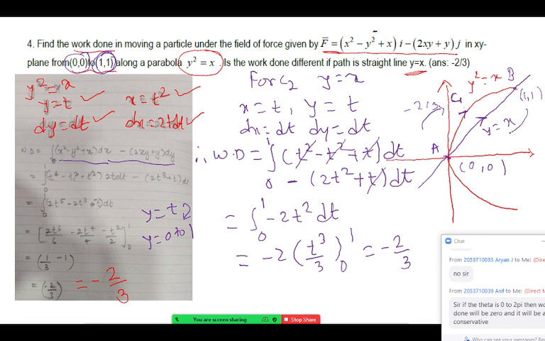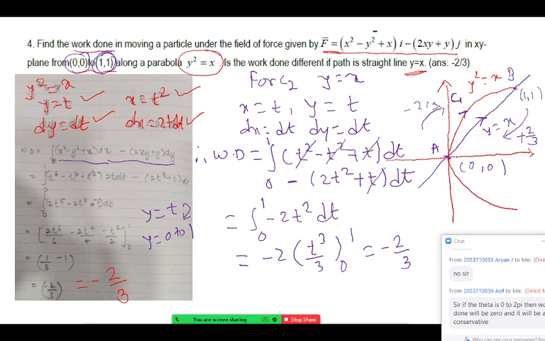If you go in a reverse way, this side is plus 2 by 3, and net work done will be 0. That is work done over a closed path is 0. So closed path and independent of path are the same property. In this case, you just have to mention the work done is independent of path. Therefore, F bar is a conservative force. That is the interpretation actually.